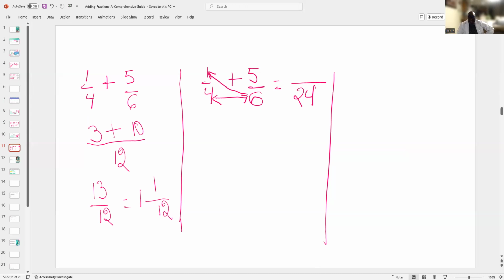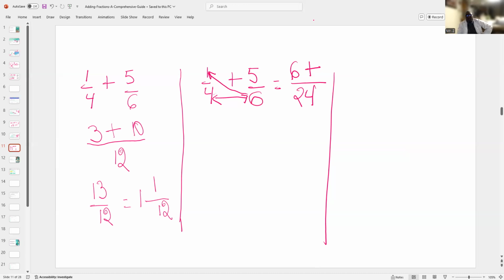You multiply the denominator of the second fraction by the numerator of the first one. So I have 6 over there. Then I multiply this right here, this over there. That's one way you can do that as well.